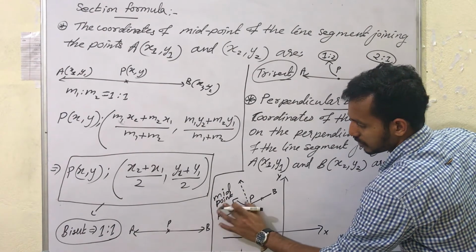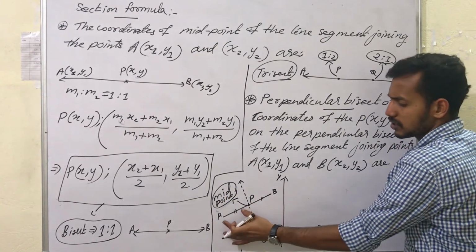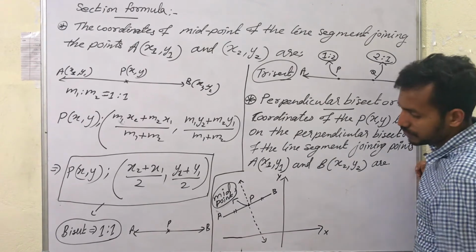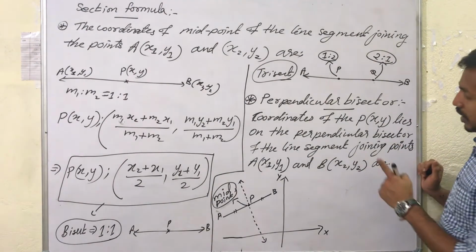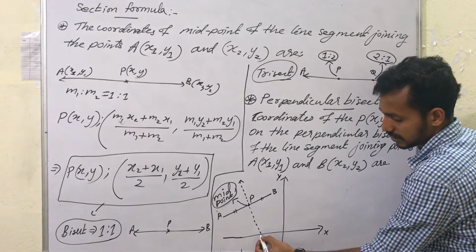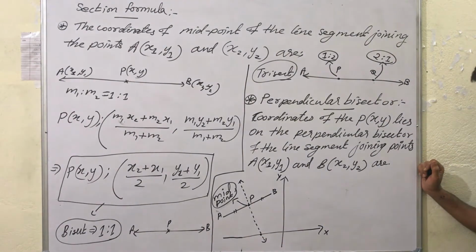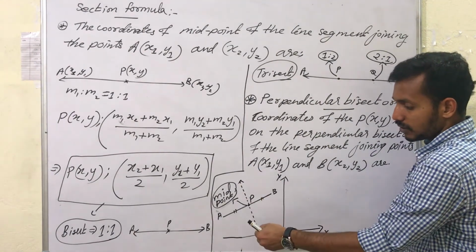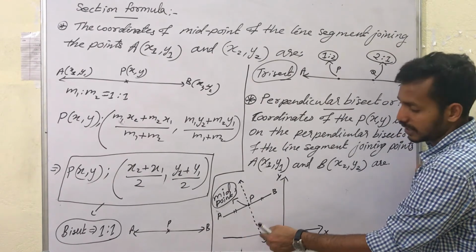You can use the midpoint formula to find the coordinates, because perpendicular bisector means the segment is divided in equal ratio, 1:1. Suppose the question asks to find the coordinates of a point on the perpendicular bisector which lies on the x-axis or y-axis.